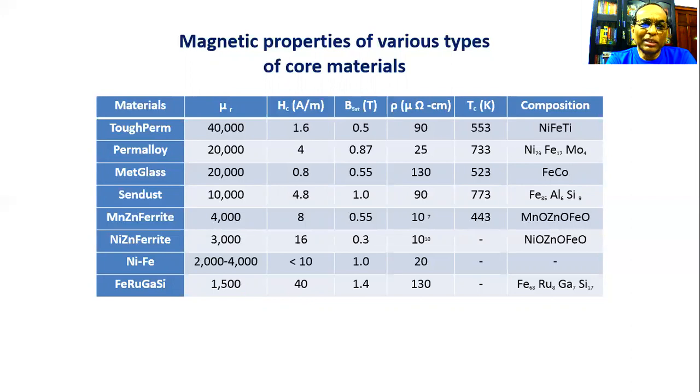The materials are Turtle Perm, permalloy, metglass, sendust, manganese zinc ferrite, nickel zinc ferrite, nickel iron, and iron, rubidium, gallium, silicon, a complex mixture.